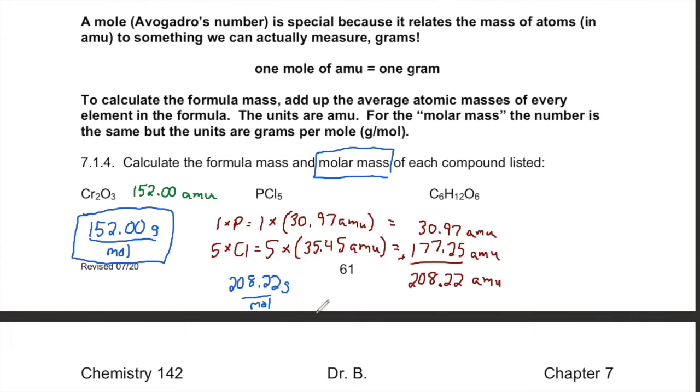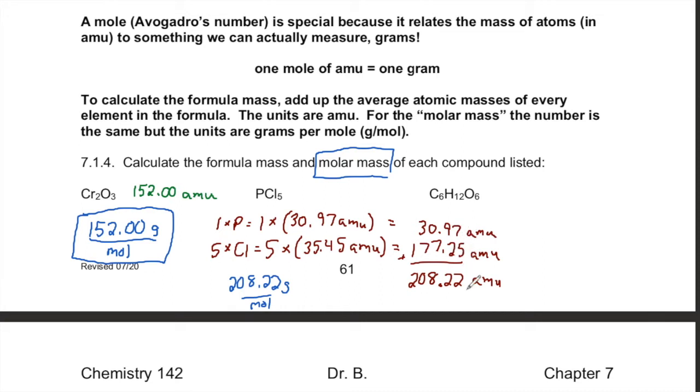Alright, here we have PCl5. We have 1 phosphorus. Phosphorus is 30.97 AMU, so we have 30.97 AMU. We have 5 chlorine. Chlorine is 35.45. If you add up 5 of them, you can keep 2 past the decimal. So instead of just multiplying, we'll just act like we're adding it for the sake of significant digits, going 2 past the decimal.